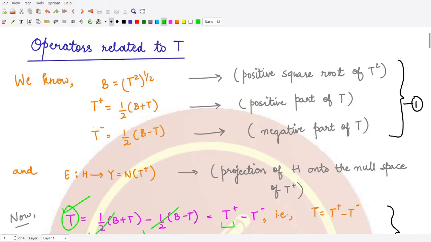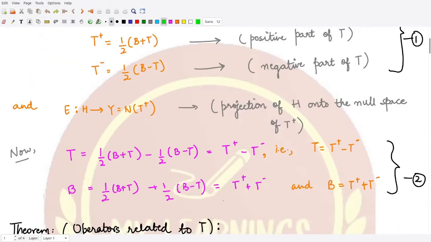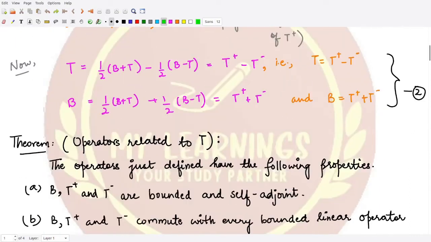And the next term is nothing but T negative. So using all these things, you are now able to write the operator T as T positive minus T negative. Similarly, you could write the operator B as T positive plus T negative. So these are the two expressions.